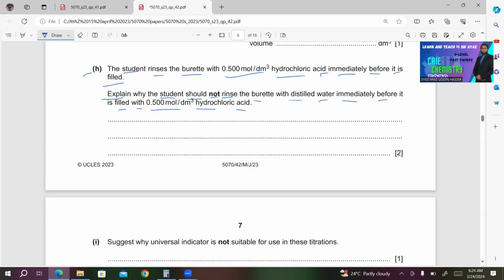Definitely, if the student has washed with distilled water, some of the water will remain in the burette, and in this way the hydrochloric acid becomes diluted, then more volume will be needed for the titration.